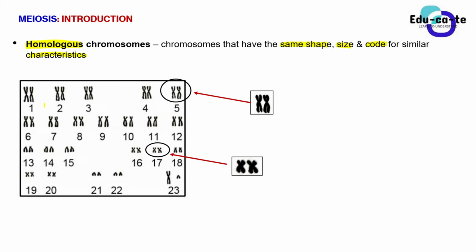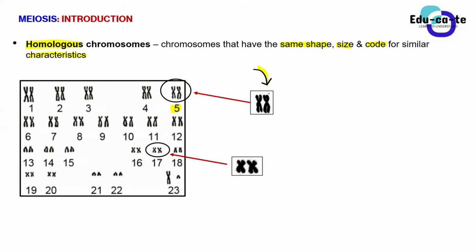Look at homologous pair number 5. I've just zoomed it in here so that you can see properly. Do you all see pair number 5, the pair of chromosomes number 5? Yes, sir.